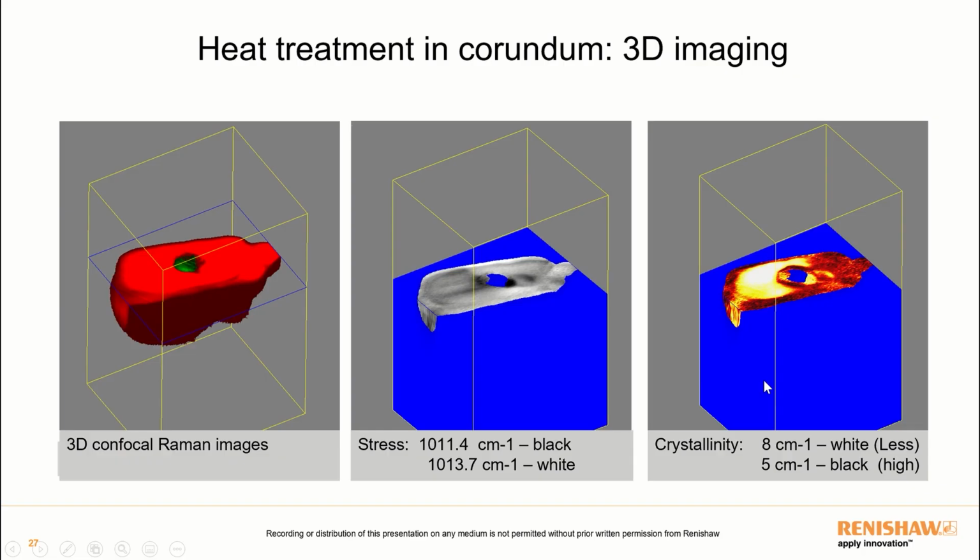Here on the right-hand side we have the study of the crystallinity of one of the planes of the inclusion. Crystallinity is normally related to the width of a band. The greater the width, the less crystalline is the mineral, and in this case the lower crystallinity is represented in white color in the image.